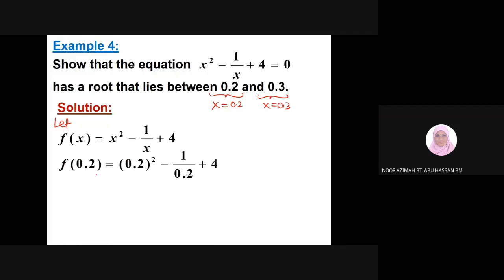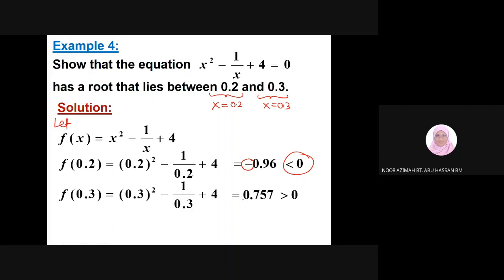Substituting x = 0.2 into your f(x) and evaluating the answer, you will end up having negative 0.96, which is obviously a negative value that indicates less than 0. And then you substitute for the value of x = 0.3, evaluate by using your calculator, and you end up having a positive value of 0.756.